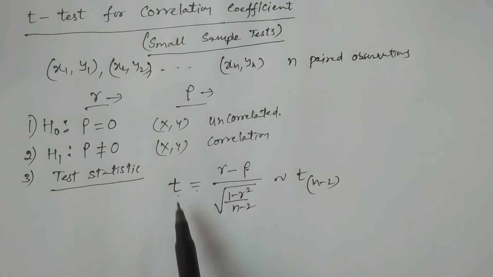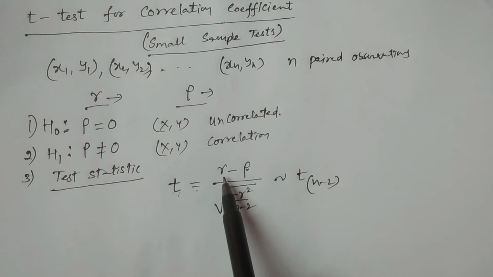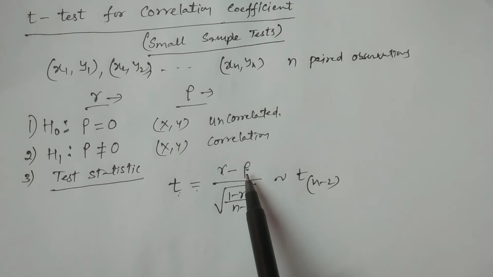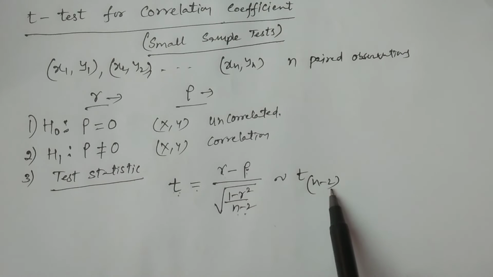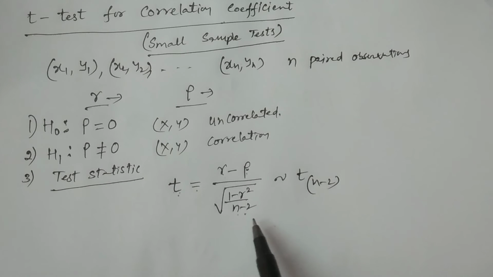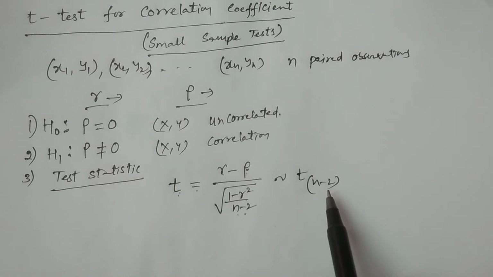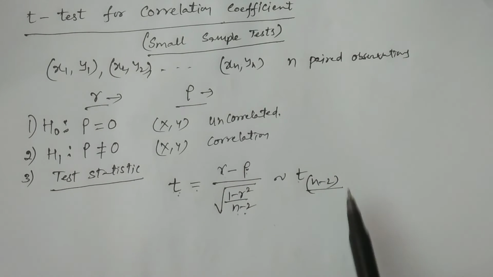So the test statistic is r minus rho divided by the square root of (1 minus r square) by (n minus 2), which follows a t distribution with n minus 2 degrees of freedom.